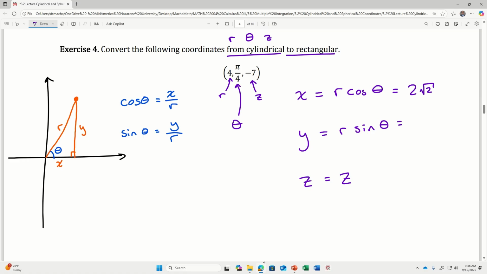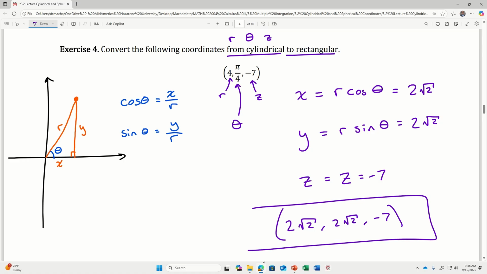And sine of pi over 4 is square root 2 over 2. And z is negative 7. So there's your rectangular coordinates. Okay.